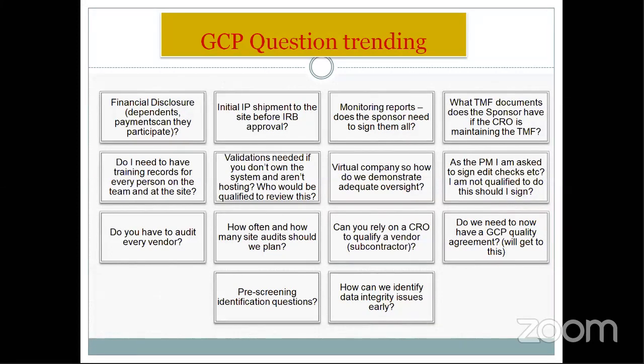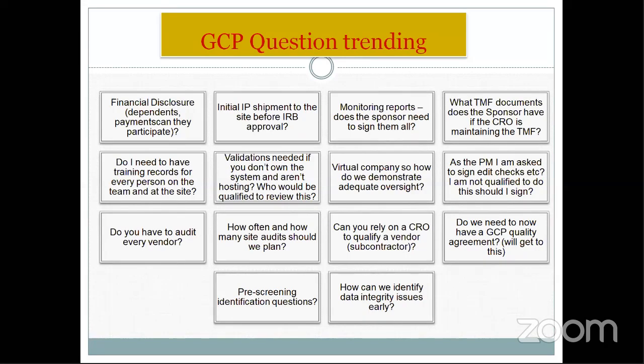It could start with the financial disclosures. There should not be any interest for the investigator to conduct the trial, because that means there is a bias. So they have to give us a financial disclosure saying that they are not getting anything from the sponsor. The sponsor has to account for every penny they use during the trial if they are providing any incentive to the clinical sites. So those are the things, just to point out.